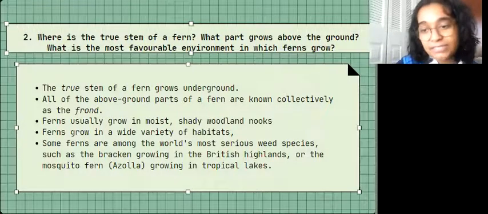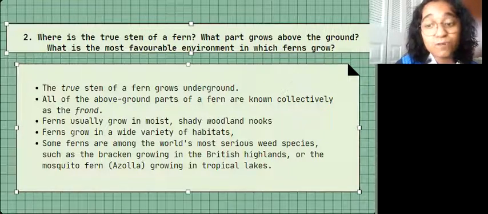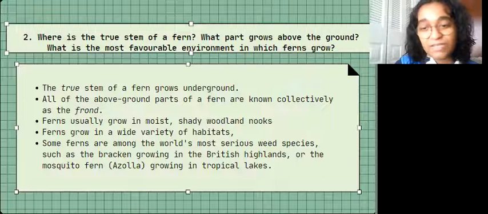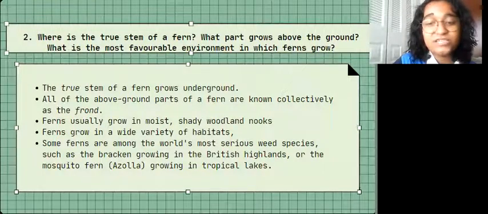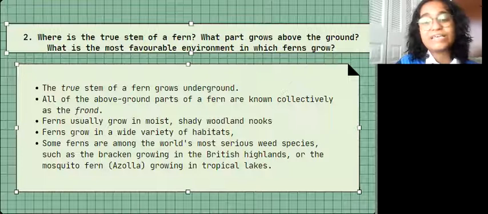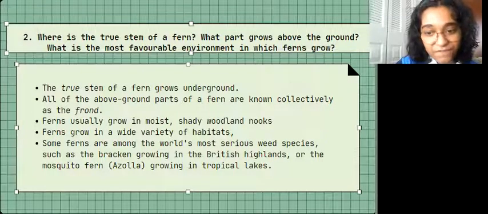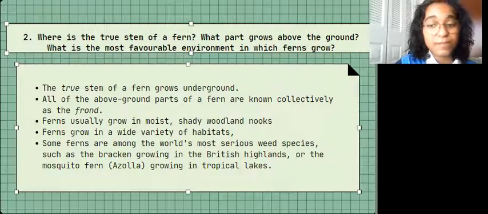On the other hand, some ferns are among the world's most serious weed species. So they're weeds. Weeds are annoying, but they are needed in the environment, such as the bracken growing in the British Highlands or the mosquito fern azolla growing in the tropical lakes. There are four particular types of habitats that are often key places to find ferns.